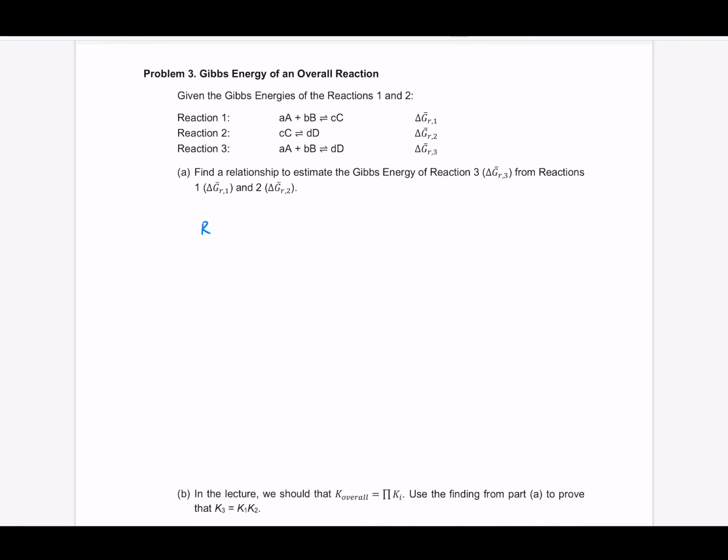First we know reaction 3 is basically reaction 1 plus 2 without any modification. So for reaction 1, delta G R of reaction 1 is basically the stoichiometric coefficient times G_i, so this would be minus a G_A minus b G_B.